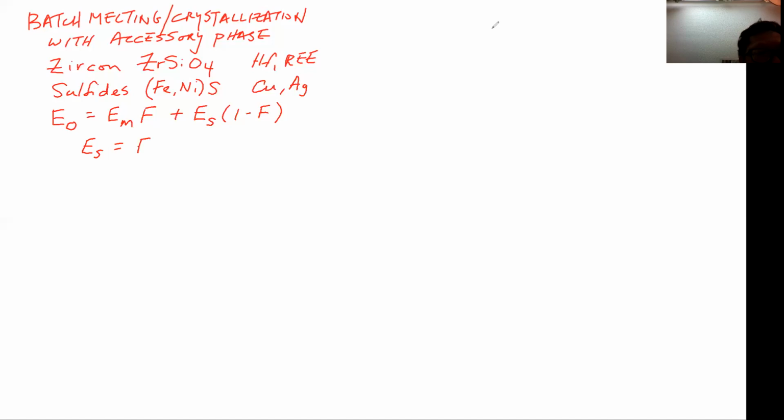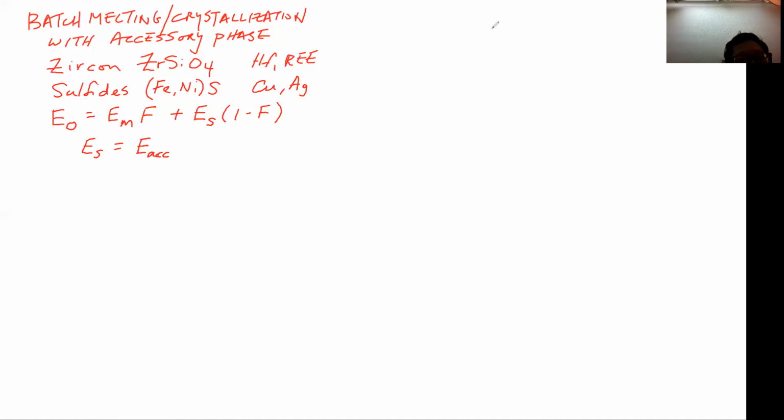One is the essential structural element concentration in the accessory phase, which you can get from stoichiometry, meaning that if you just take a look at the formula for zircon, ZrSiO4, you should be able to calculate the concentration of zirconium in it because it's all zirconium in that particular site.